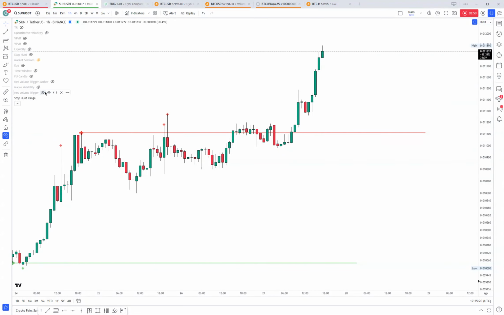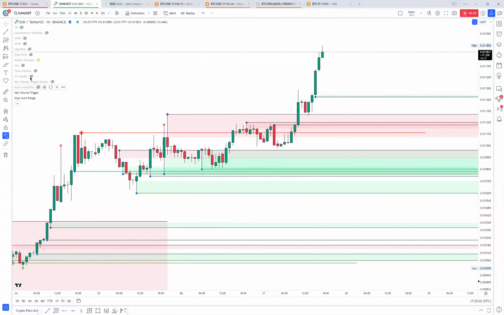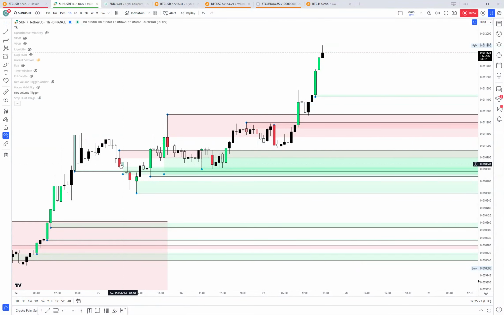So now we also need volume, though, because volume is an important factor. And you will see if we just turn off stop hunt range, you will see that volume levels are being identified, and you can infer a story based on what is happening around the volume levels. So the red indicates a net sell volume level, the green indicates a net buy volume level, and the best signals are when the market maker is buying into a previous buy level and selling into a previous sell level.